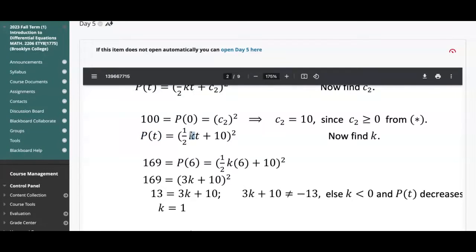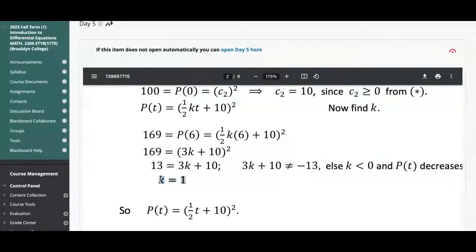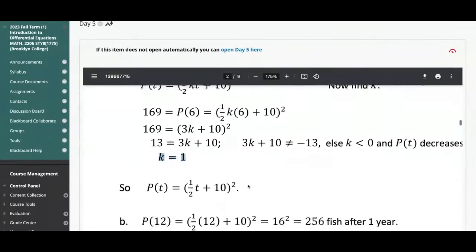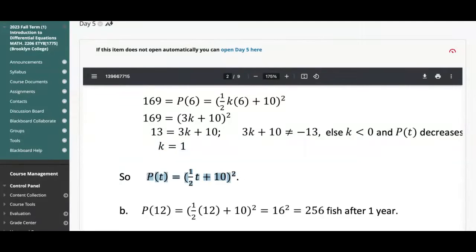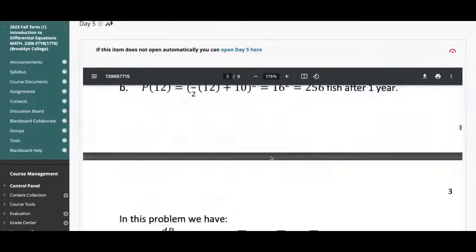So we want to find this K. We use the second initial condition, which says 6 months later, the population is 169. So we plug in and we solve for K. In the end, we get K equals 1. All right, so we get our population function, a quadratic function, and also an upward parabola.